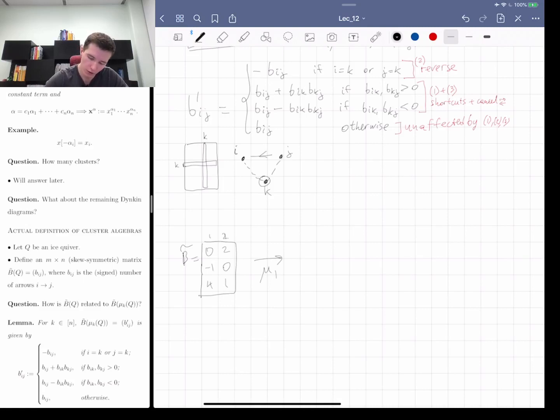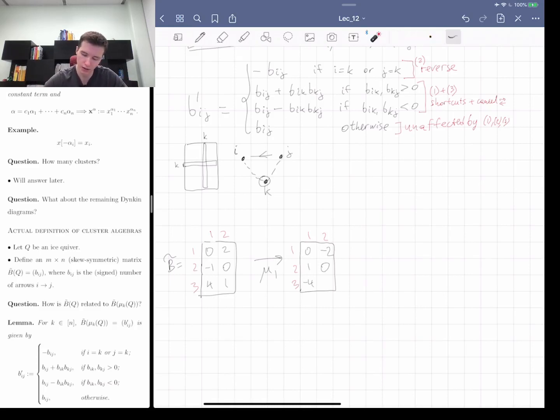So the rows are 1, 2, 3. And mu1 means that I negate all entries in the first row and the first column. So 0, 1, -4, -2. And then this is going to be 0 because there's always no arrows from a vertex to itself.